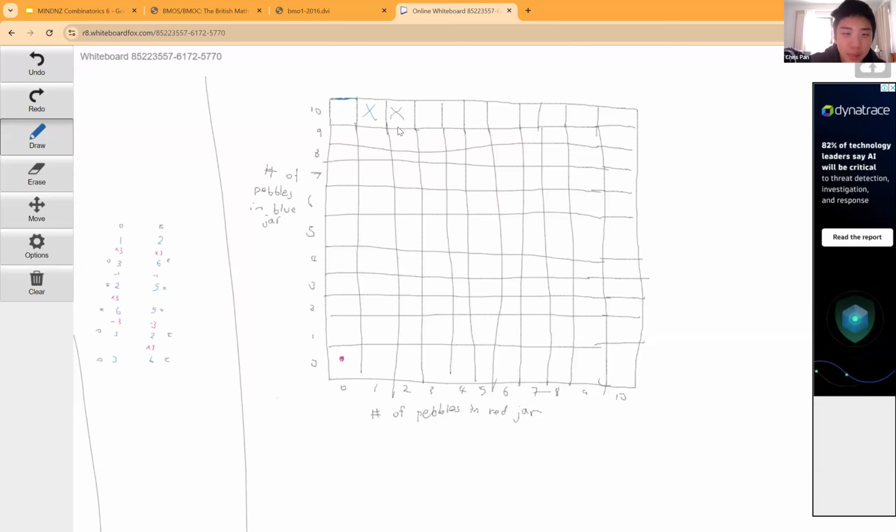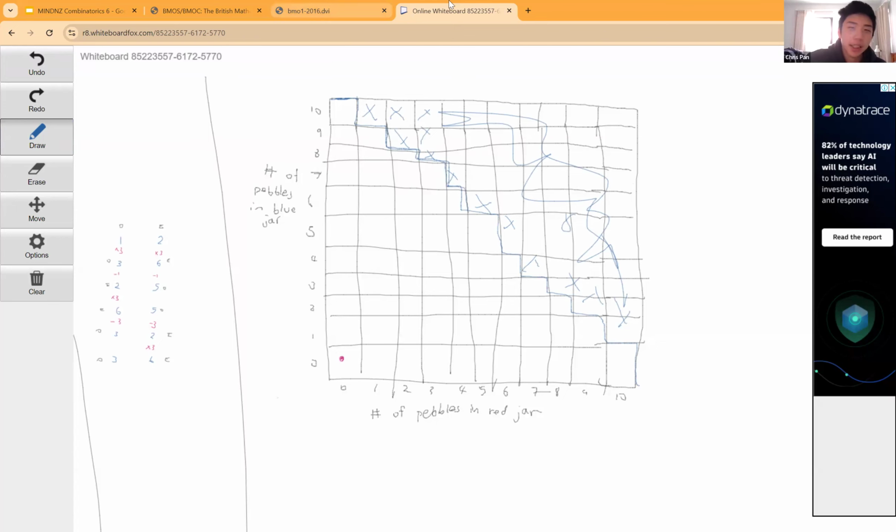Similarly, all of these squares where the total number of pebbles is more than 10 are off limits. So I'm going to draw a hard border along the staircase. Everything outside of the staircase is not attainable. You'll never be able to reach that.